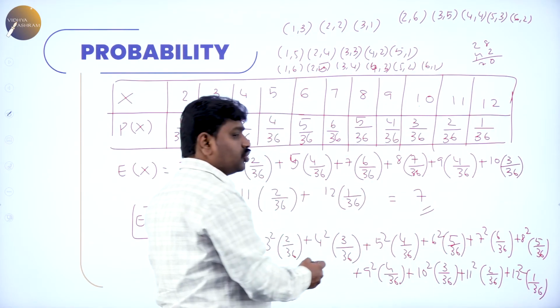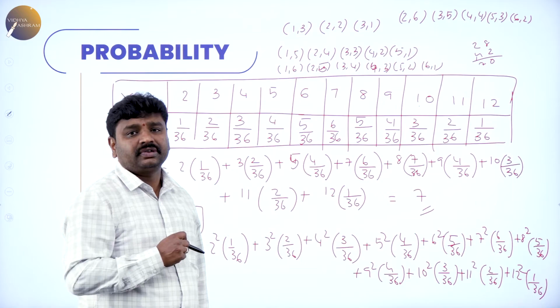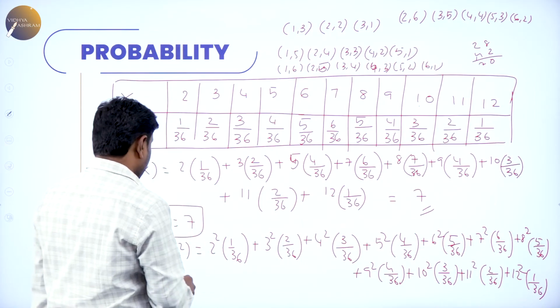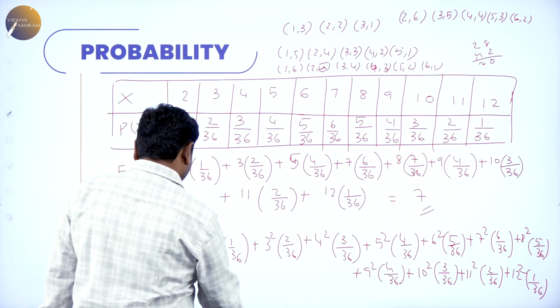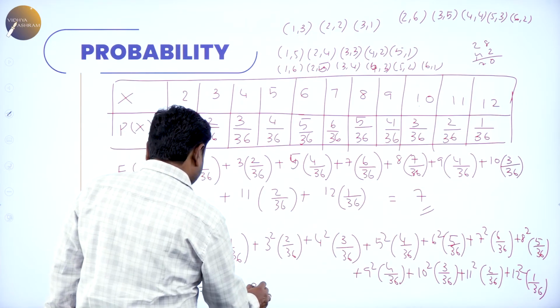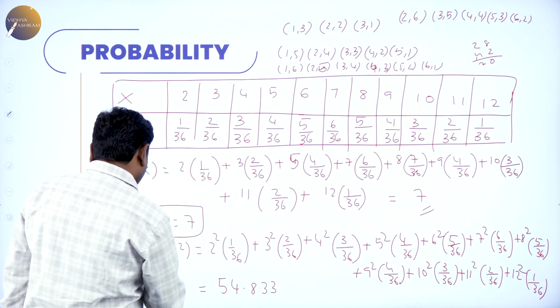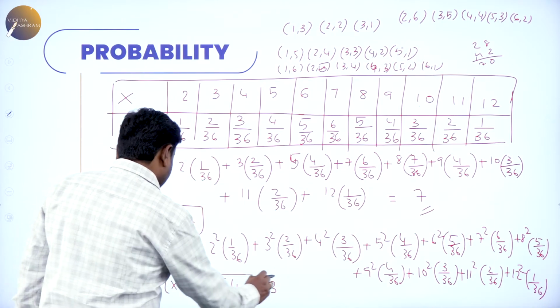Again, I am asking you to use calculators so that you will not go wrong. Using a calculator, if you simplify, you will get 54.833 exactly. This is E of x square. So put it in a box.